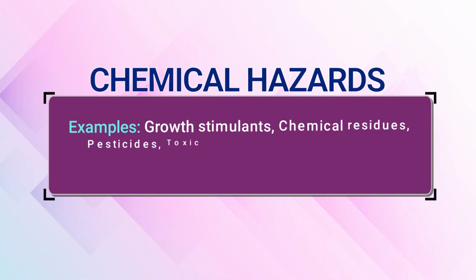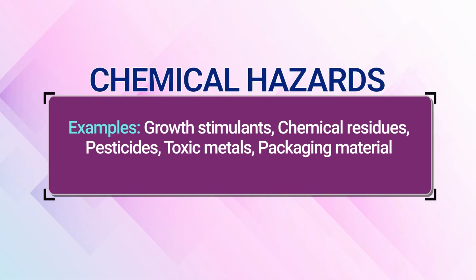Examples are growth stimulants, pesticides, toxic metals, or packaging material. These come either from agriculture chemicals, the processing plant, or food chemicals, preservatives, additives, and naturally occurring toxicants.